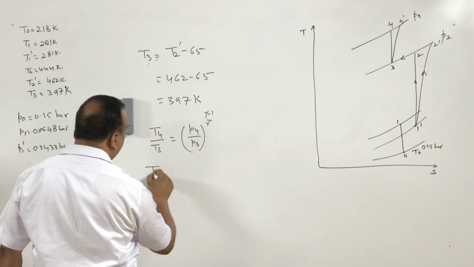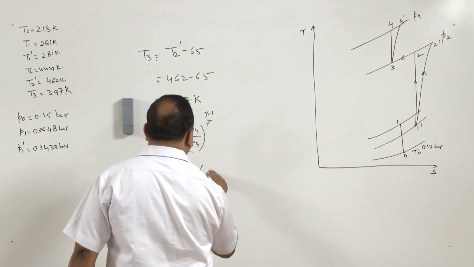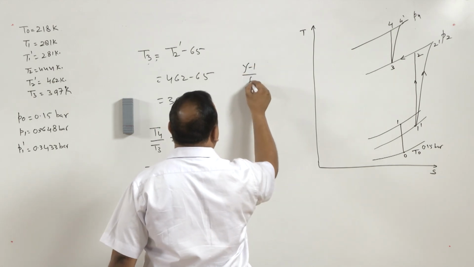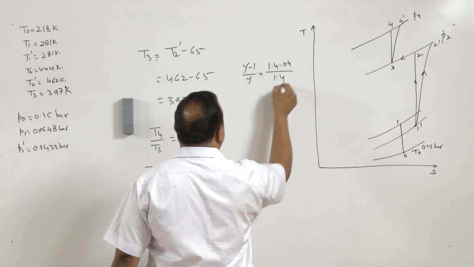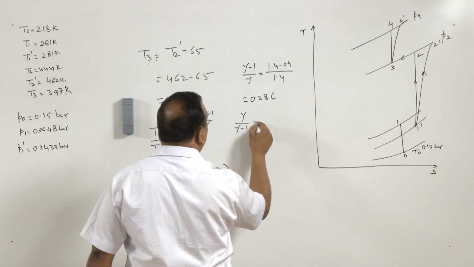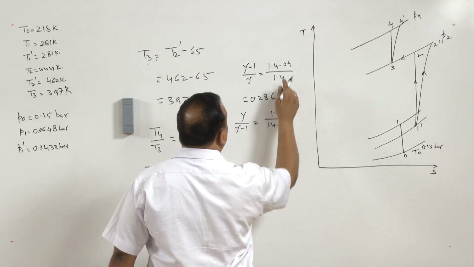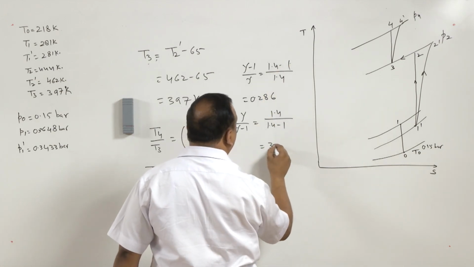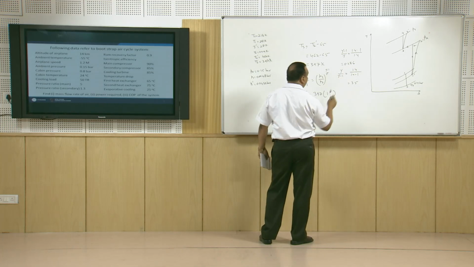So, T4 is equal to T3, 397, into 1.3 raised to power gamma minus 1 by gamma, which is 1.4 minus 1 divided by 1.4, and it turns out to be 0.286. Gamma over gamma minus 1 is 1.4 divided by 1.4 minus 1, which turns out to be 3.5. Next time we will take the values 0.286 and 3.5 directly.